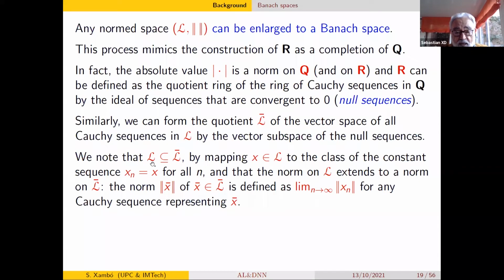We know that L is contained in L bar by mapping an x in L to the class of constant sequences, x_n equals x for all n, and that the norm on L extends to a norm on L bar by setting the norm of x bar, for x bar in L bar, as the limit, when n goes to infinity, of the norm of x_n for any Cauchy sequence x_n representing x bar. This works, and the details are in the books.